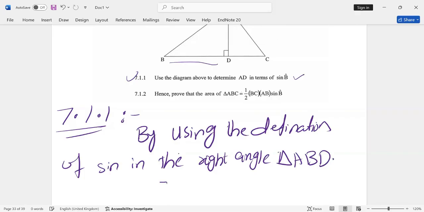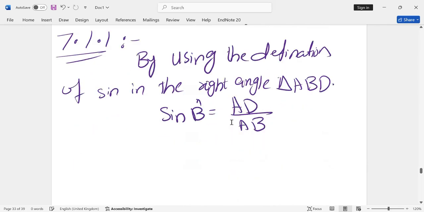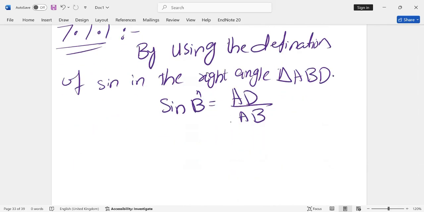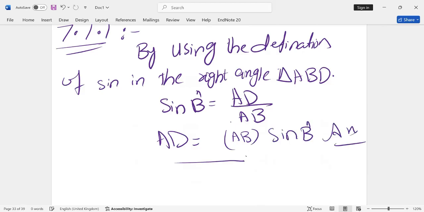So we have sine B equals AD divided by AB, okay? So we have to find out AD. So AD equals AB into sine B, okay? This is the required answer that we need to find out.